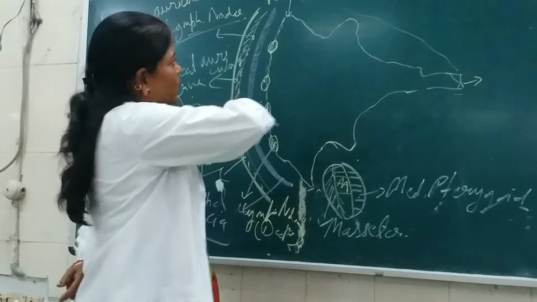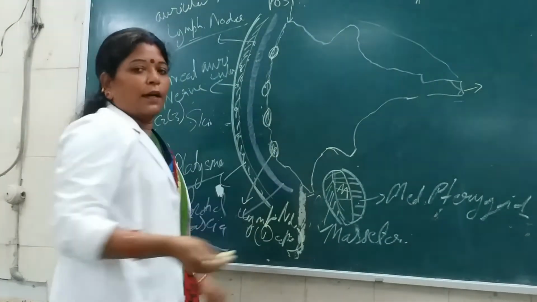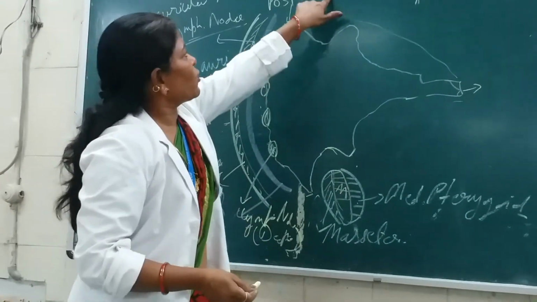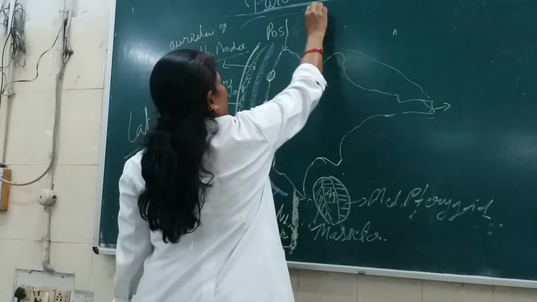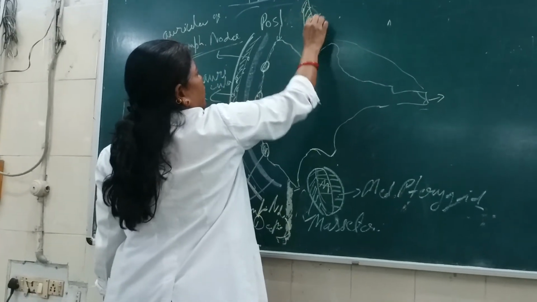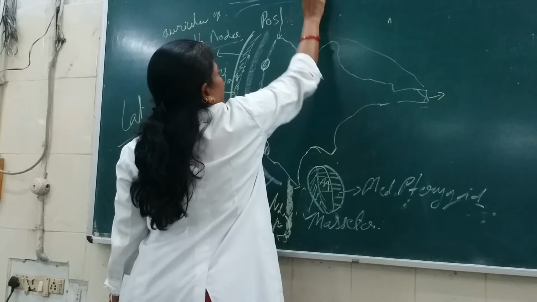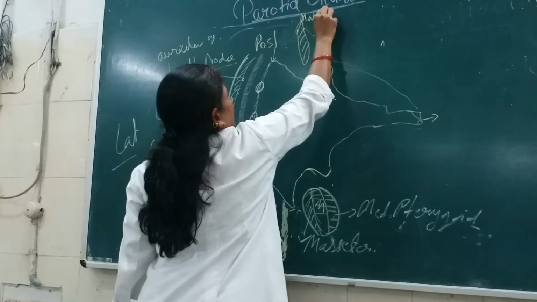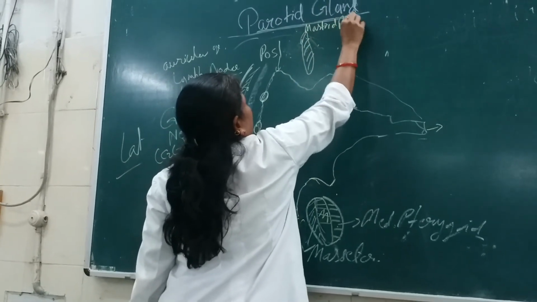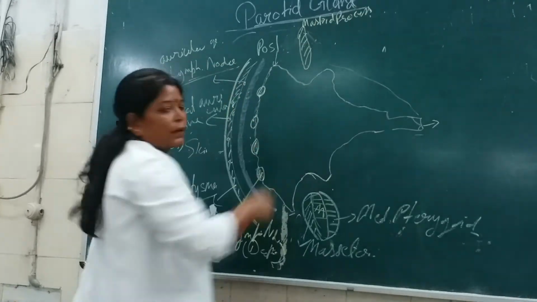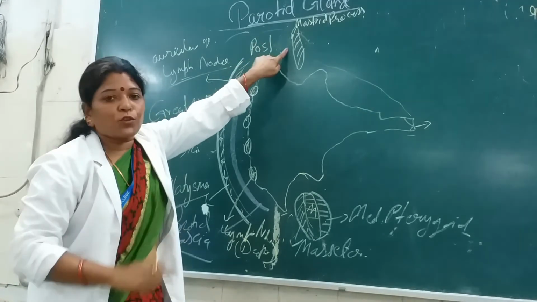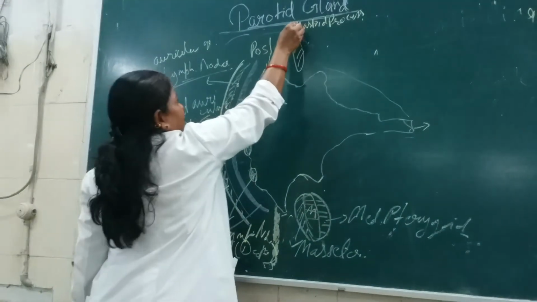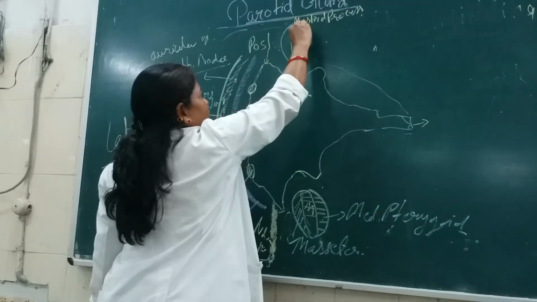Now just opposite this part, the posteromedial surface, again there is a bone here. Which bone is this? The mastoid process. Again two muscles are attached on this bony part, laterally and medially.